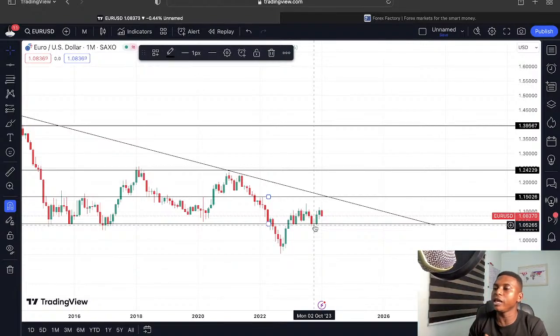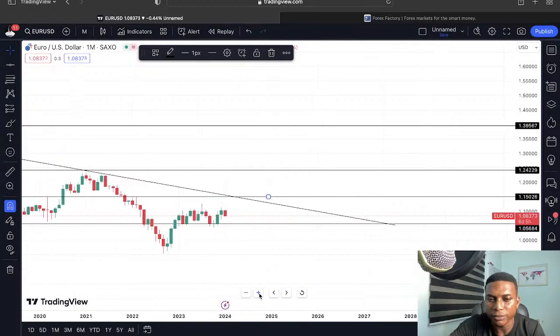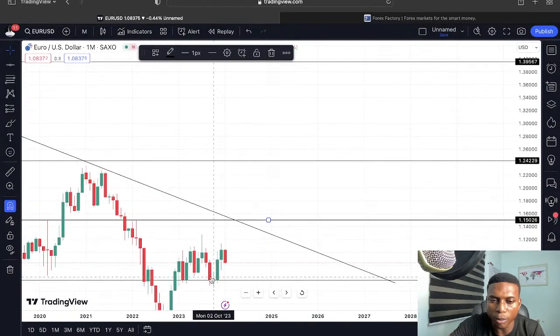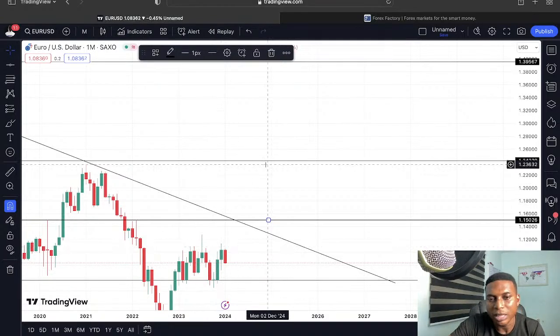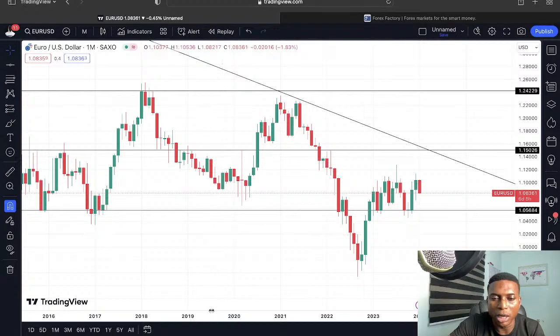When we see a doji on a support zone, it indicates that there would be a market reversal, and we saw the market reversal come in here. Now let's go down to the weekly time frame.